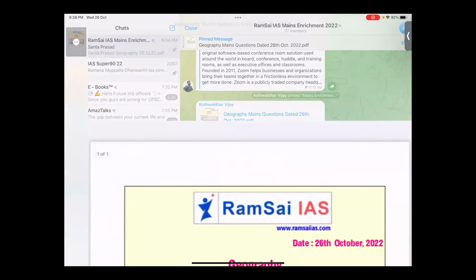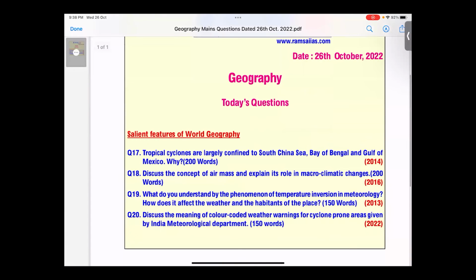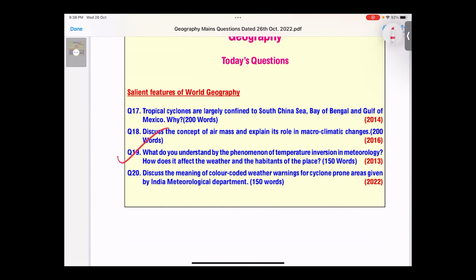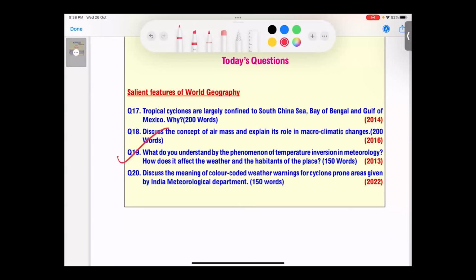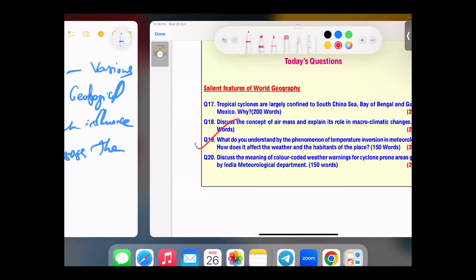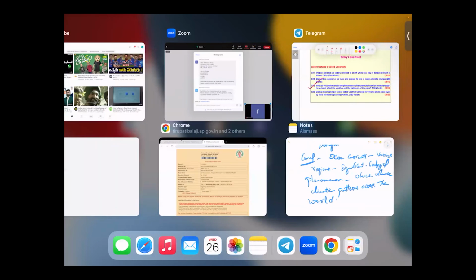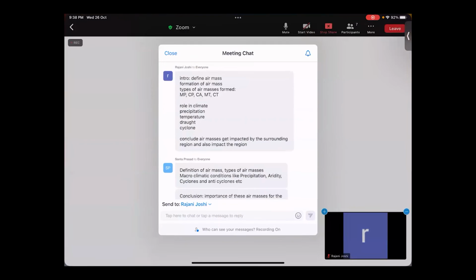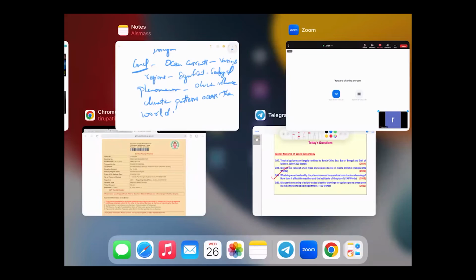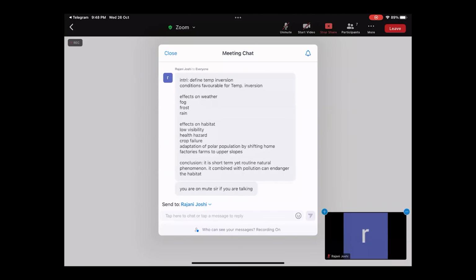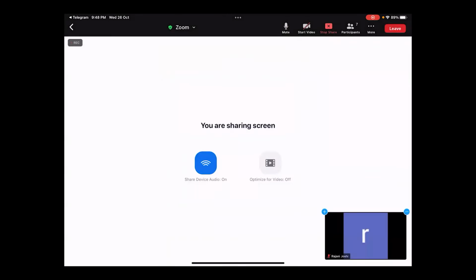See the third question. What do you understand by the phenomenon of temperature inversion in meteorology? How does it affect weather and habitats of the place? Inversion in meteorology.